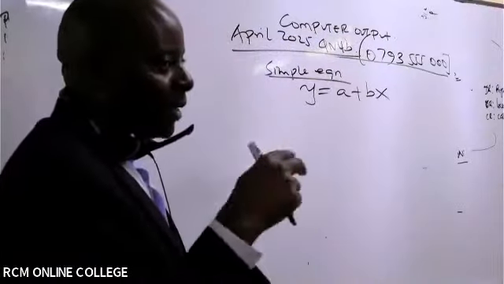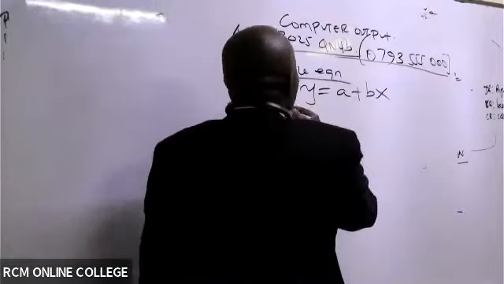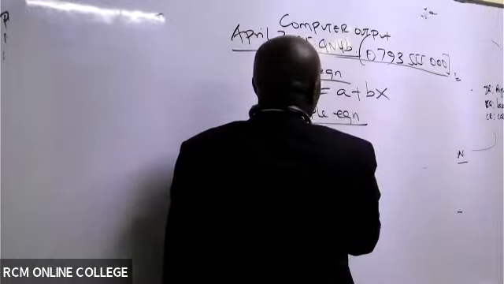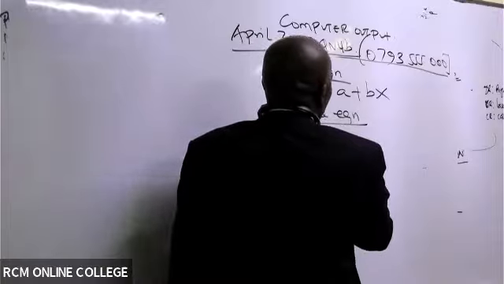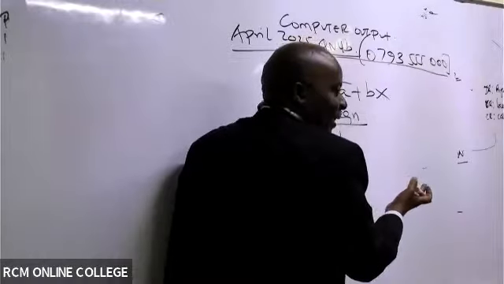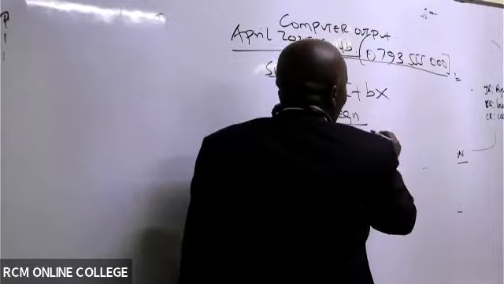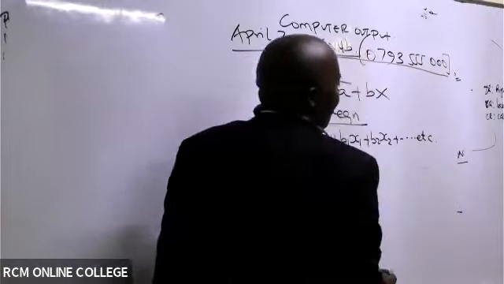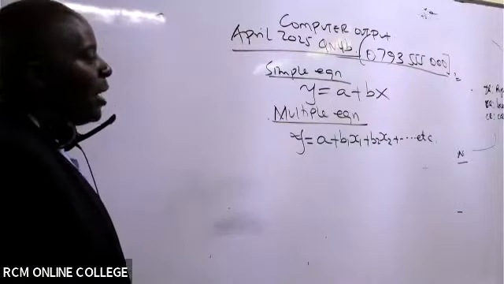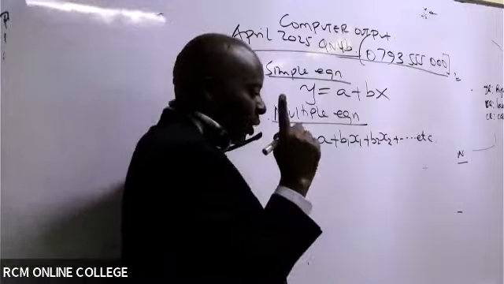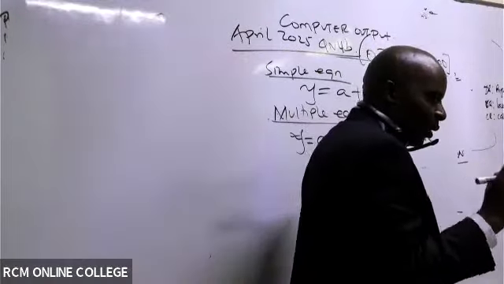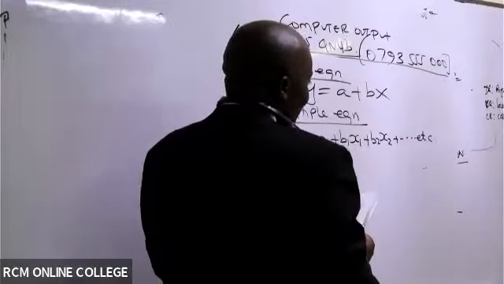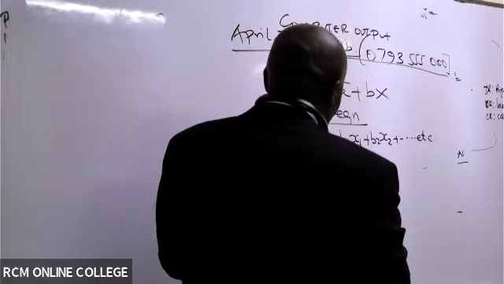We only have one predictor variable, which is X. But now when it is a multiple equation, our Y will be equal to A plus, now we have many X's: B1X1 plus B2X2 plus etc. Those variables could be very many. Remember the name of the topic that we're doing is called cost estimation. The one to be estimated goes to the Y. So when I'm told to write this equation, my Y will be the material handling cost.